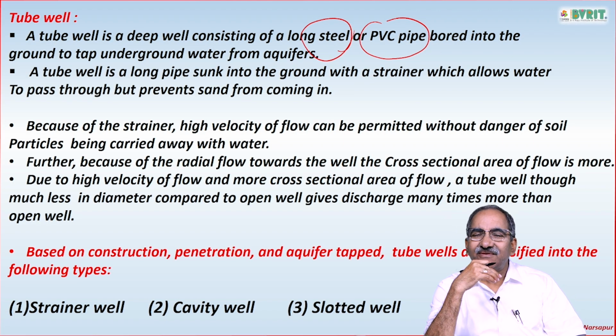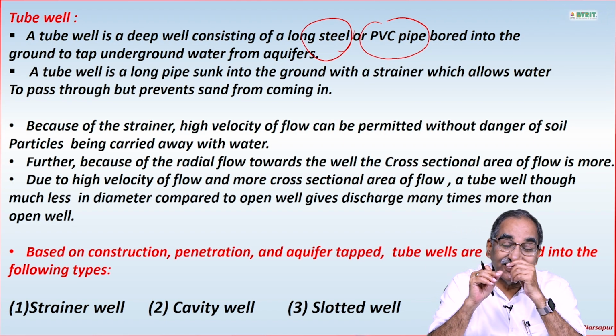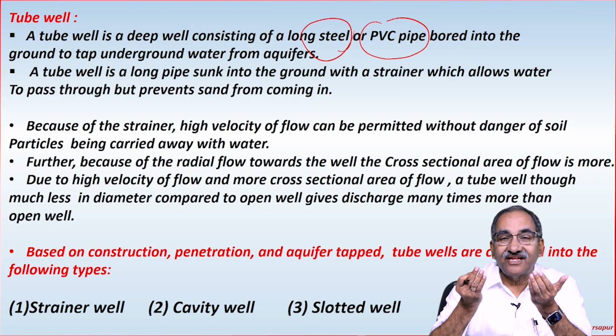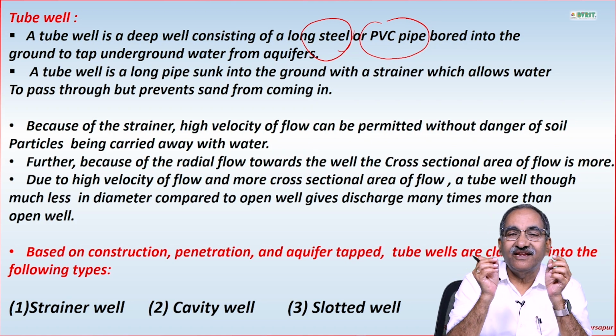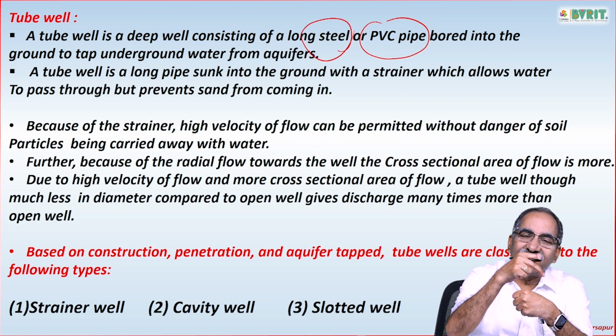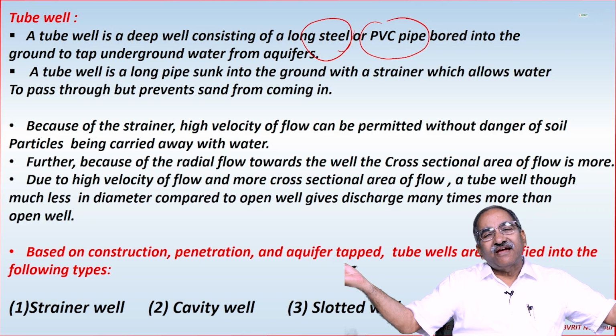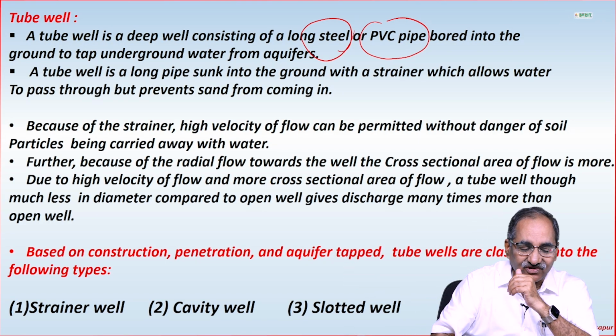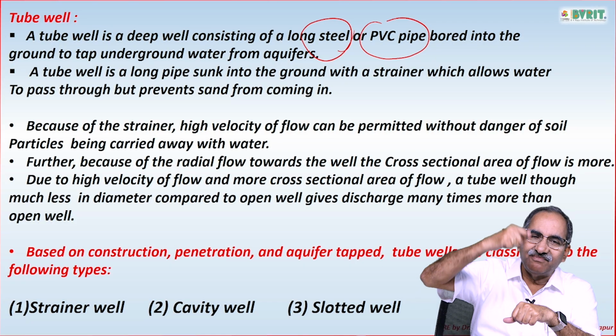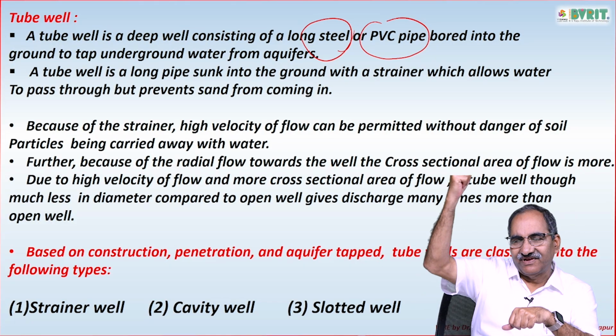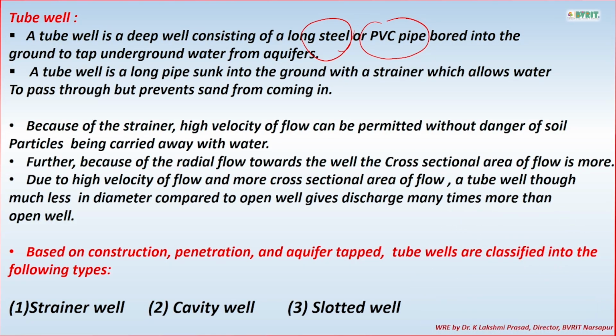This PVC pipe or steel pipe consists of strainers. A strainer is a portion of the tube wherein holes are there on the entire periphery, so that water from the aquifer enters the holes, and when you pump, the water comes out. That part you should remember.